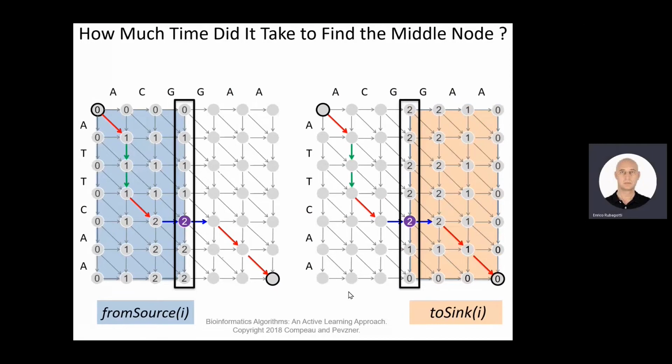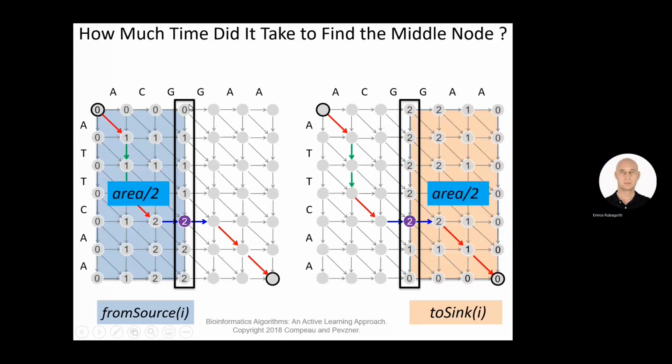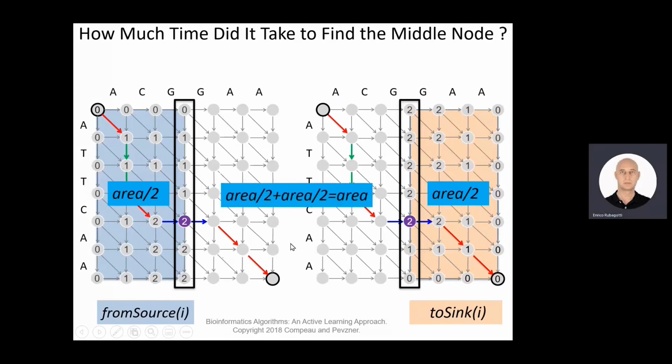And how much time did it take to find the middle node? Here, I'm not speaking about memory, I'm speaking about time. I have a trade-off between memory and time. To identify the middle node, I have to investigate half of the nodes from source and half of the nodes from sink. So the entire area.